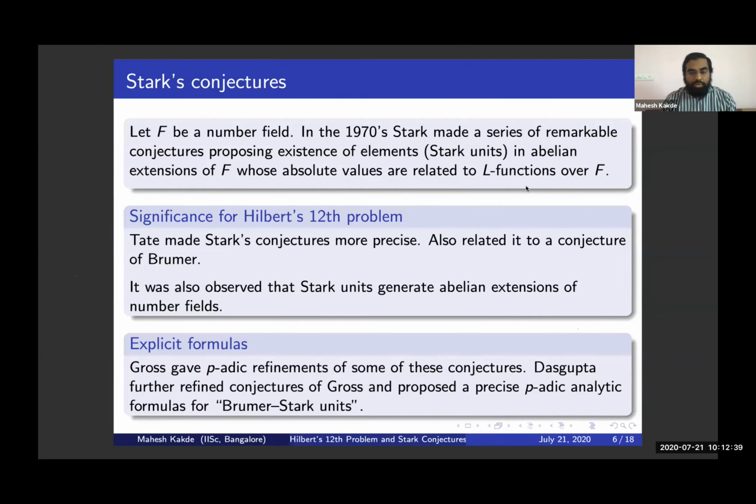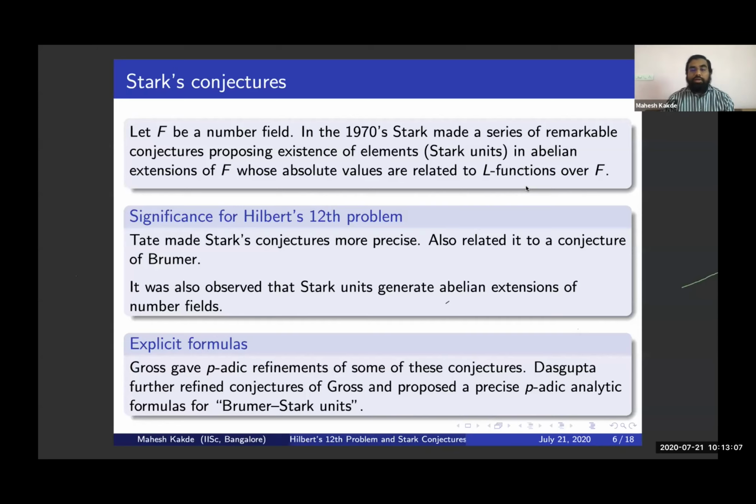So that was quite amazing, that you could generalize two very classical 19th century things. You could generalize Kronecker-Weber and you could generalize Dirichlet's class number formula using these conjectures that Stark made. A canonical reference for reading about Stark's conjectures is a book of Tate, by the name of Stark's Conjecture.